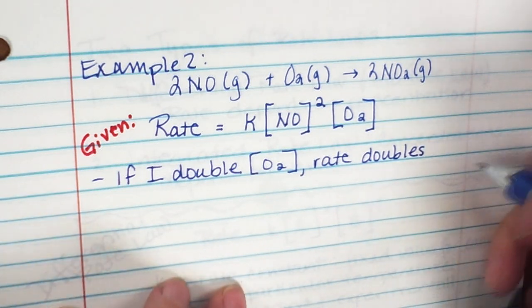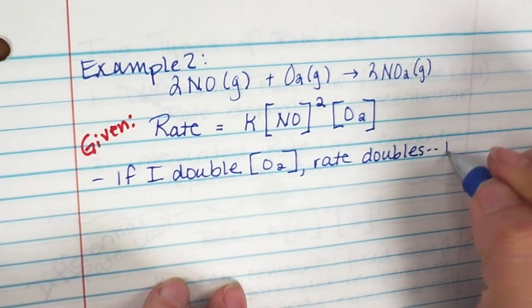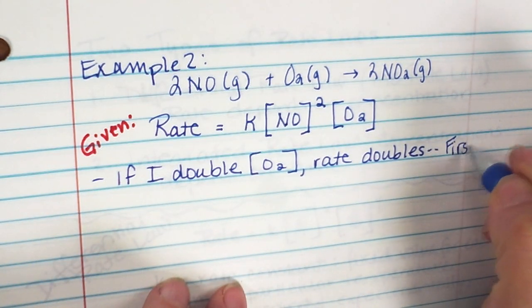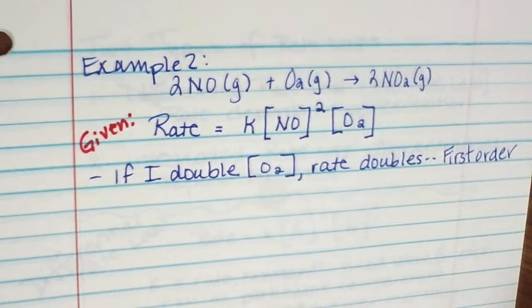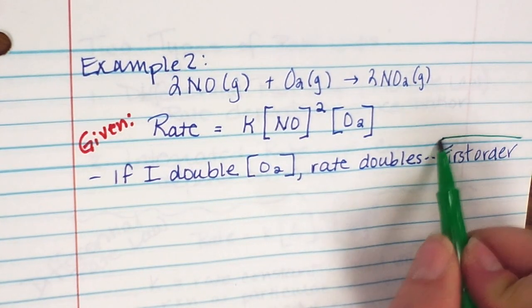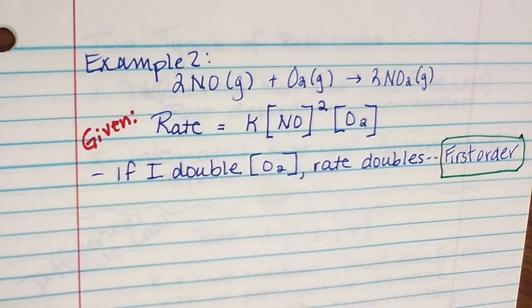We call this first order. The reason is because it has an exponent of 1. It's a first order reaction. We say this reaction is first order with respect to oxygen.